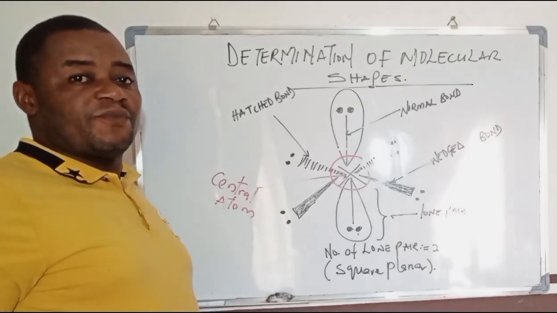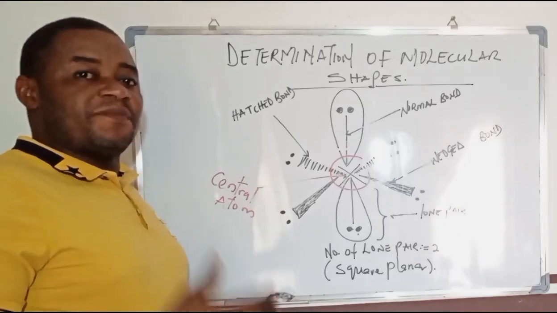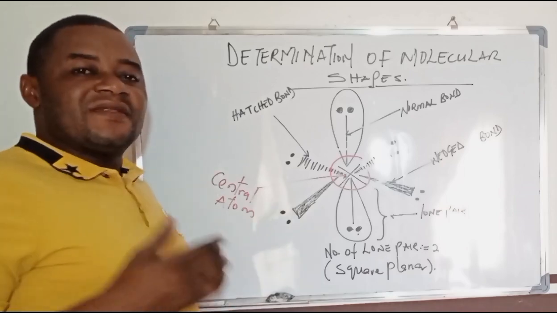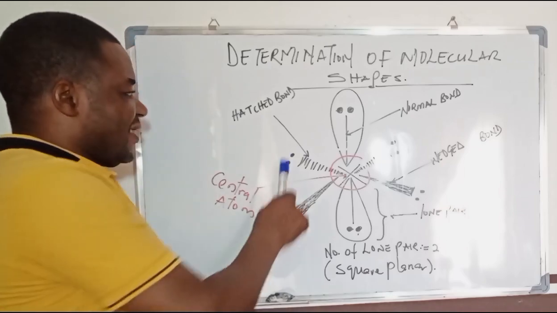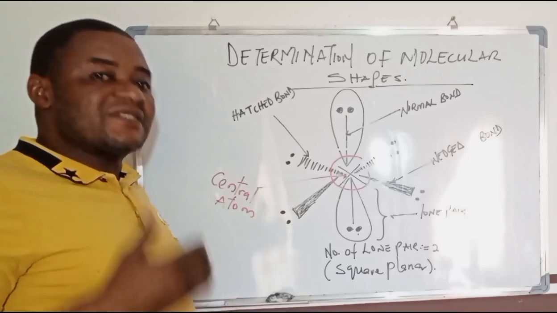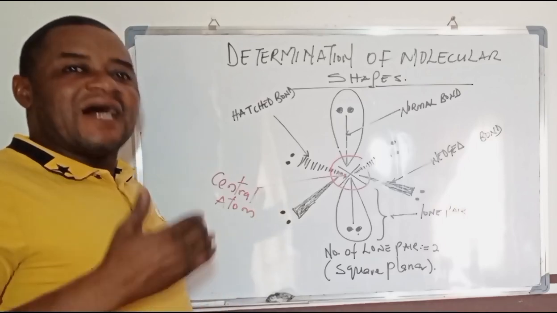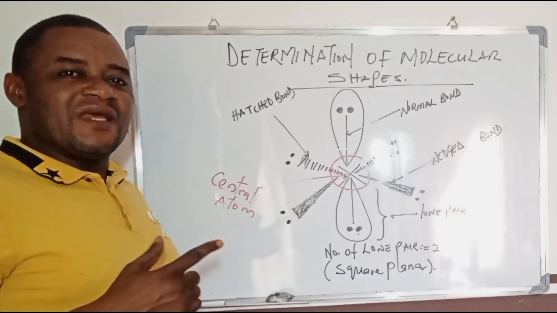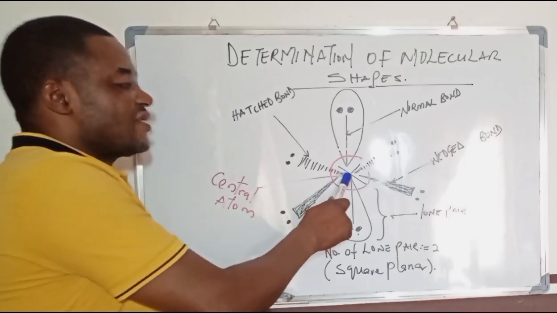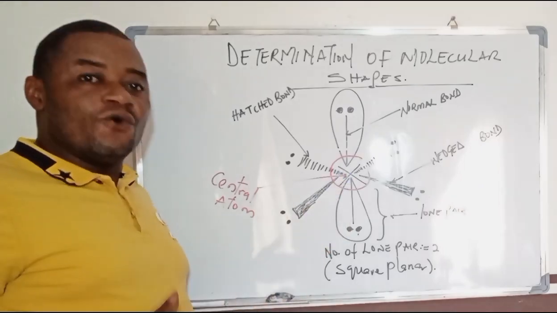Then you can classify such a pair as a bonding pair. But where the pair of electrons does not bond itself with any other atom around the central atom, but rather belongs to the central atom alone, it is a lone pair.